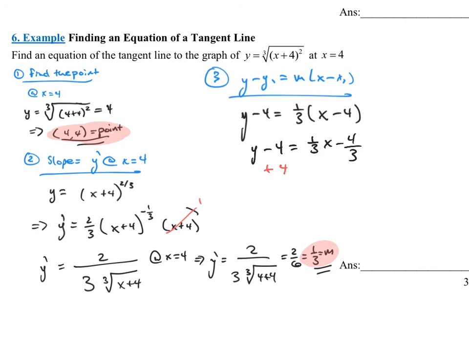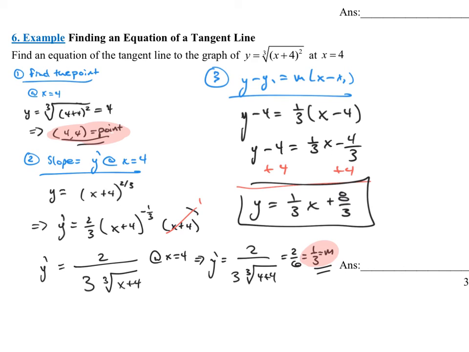Still solving for y, so I need to add 4 to both sides. Again, please use your calculator when it comes to fractions. I'd have y equals 1/3 x and then minus 4/3 plus 4. Well, that's 12/3, so I'm getting a positive 8/3. My final answer for the equation of the tangent line is y equals 1/3 x plus 8/3.